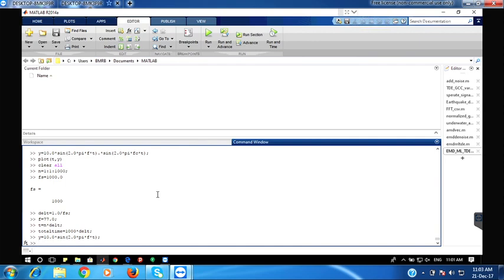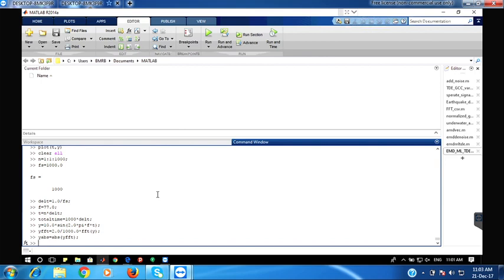So, now I do the FFT. Y FFT is equal to FFT of y. This is very important; you may not find it in the MATLAB handouts. The absolute value y abs is nothing but abs of FFT.